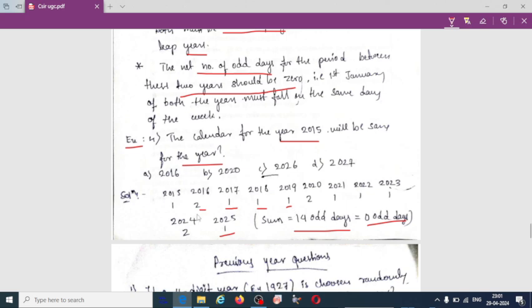So if we add up to 2015, if we consider these given options, for 2025 we come across 14 odd days. That means 14 mod 7 is going to be 0. So that means the 2016 is going to be similar or the same as the calendar for 2015.